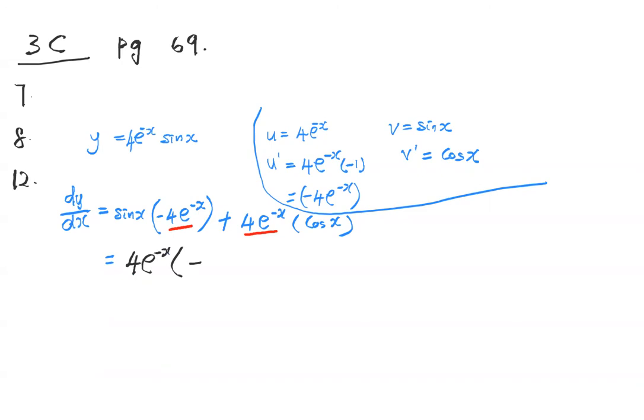And this one will be negative sin x plus cos x. Okay, got it? So equal to 0. Am I right? So 4e to the power negative x equal to 0, no solution.